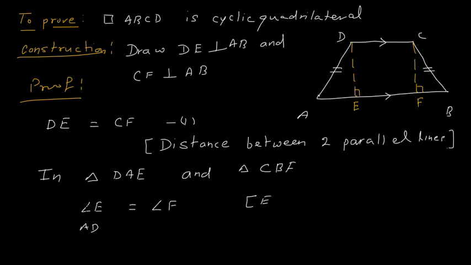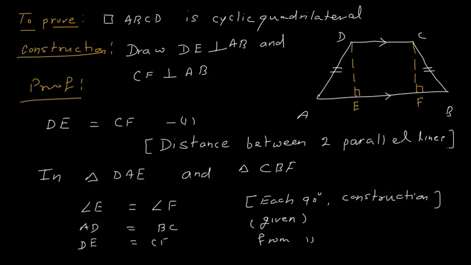Construction. Then AD is equal to BC, this is given. And DE is equal to CF. This is from 1.